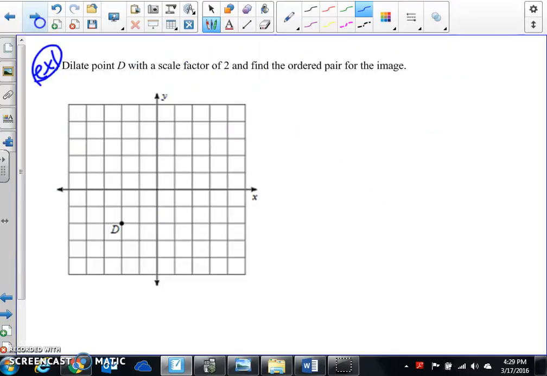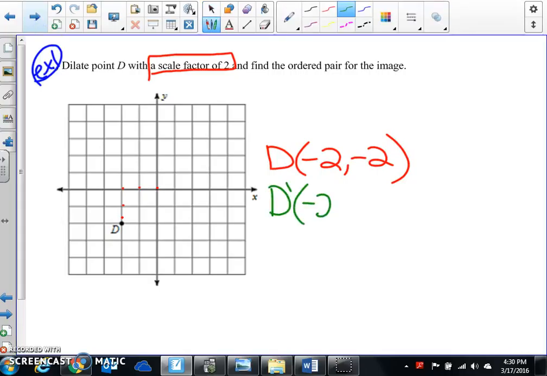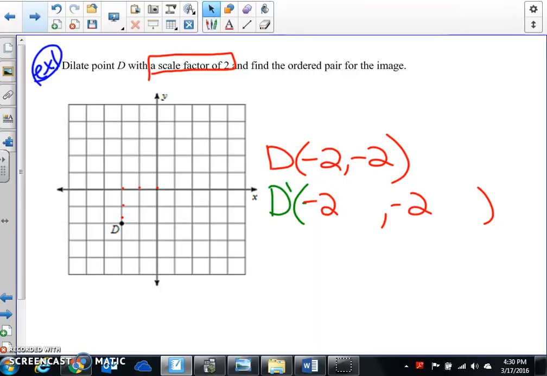All right, so dilate point D with a scale factor of 2. So if it's a scale factor of a whole number, so we know it's going to get larger. Currently, D is at the point -2, -2. So we multiply each coordinate by the scale factor.